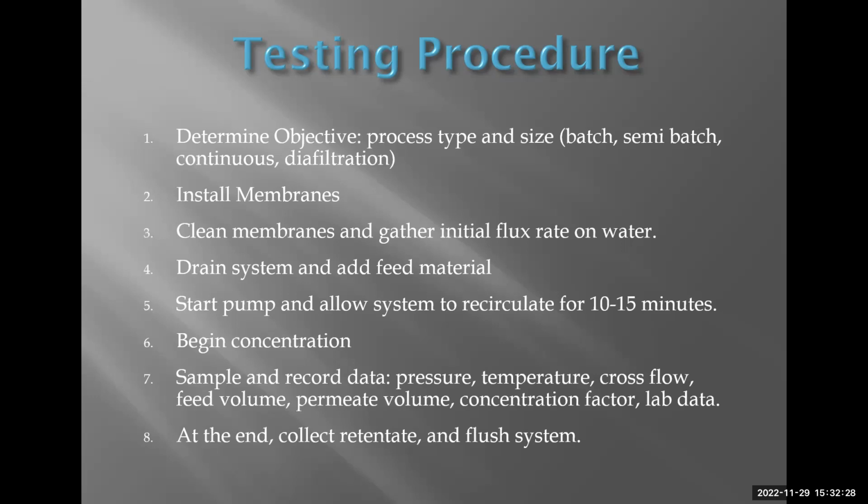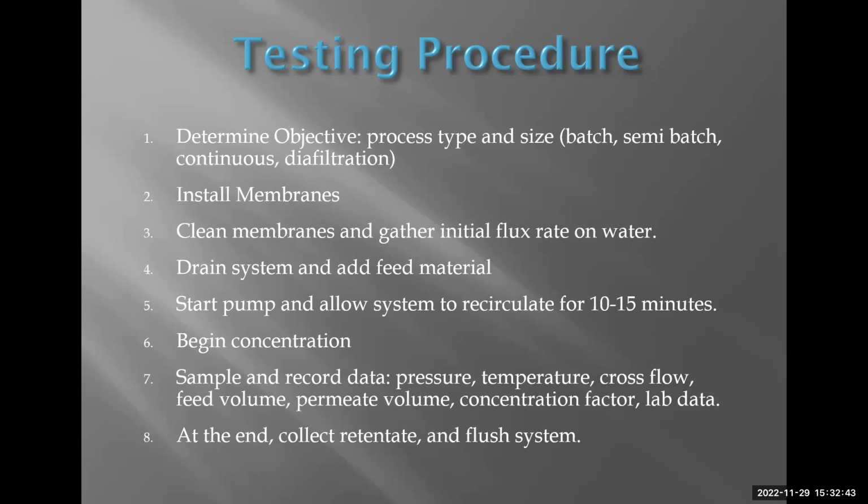If you're running a batch type process, I recommend doing it at every volumetric concentration. If you're running a continuous operation, then I would go ahead and record every 15 minutes to every half hour because the concentration should be the same throughout the runs.